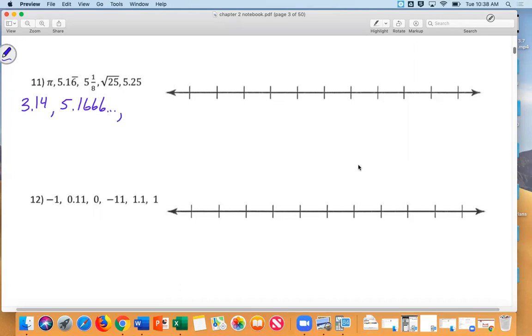Then 5 1/8. I'm going to type 1 divided by 8 into my calculator, and I get 0.125. So 5 1/8 is 5.125. The square root of 25, I'm going to type that in. That's going to be 5. And then we have 5.25.